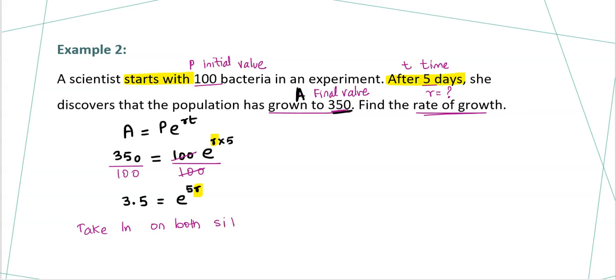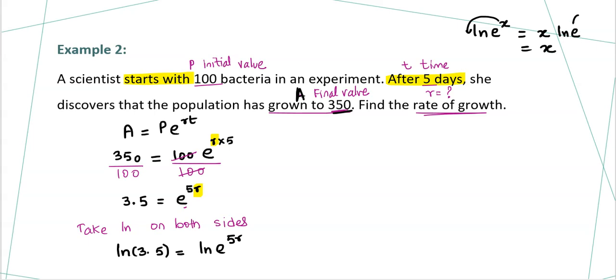Yes, because of e. So taking ln on both sides, we get ln of 3.5 equal to ln of e to the power 5r. Using the rule that ln of e to the power x is equal to x. How do we get x? Because x comes out as a multiplication with ln of e, and ln of e is nothing but 1.